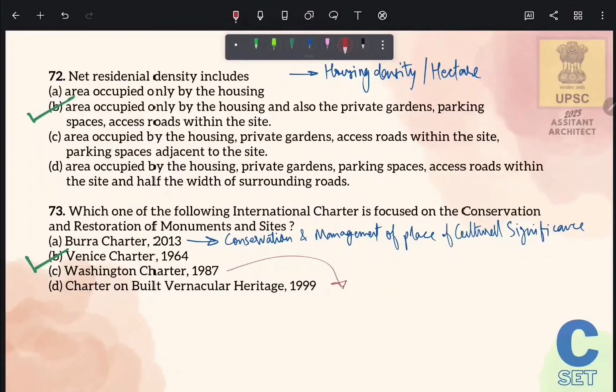And Washington Charter had the theme about historic urban areas of large, small or medium cities and clubbing those historic centers with natural and man-made environment.